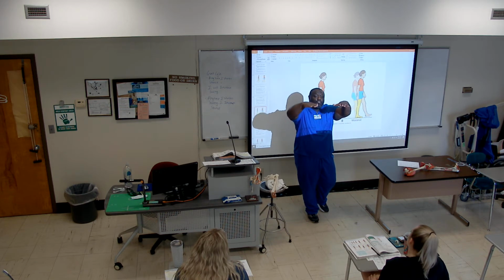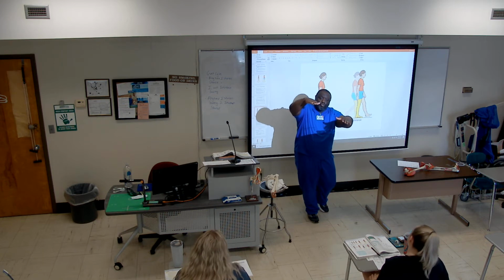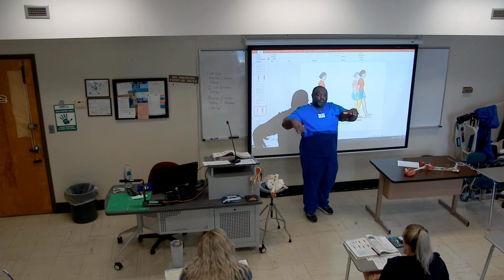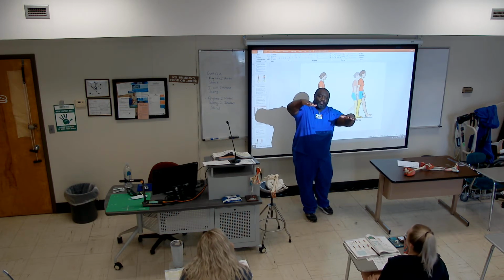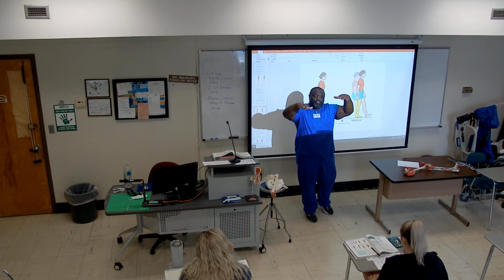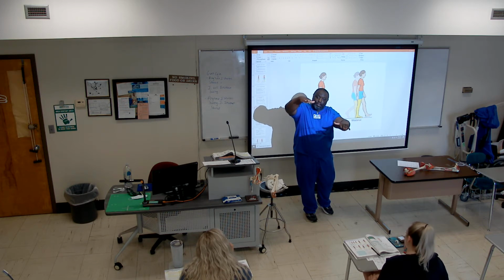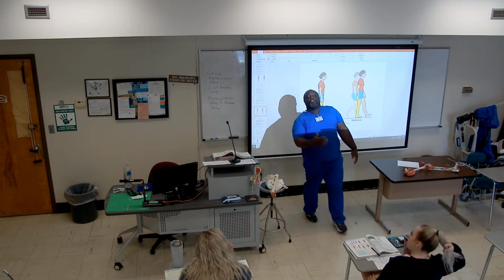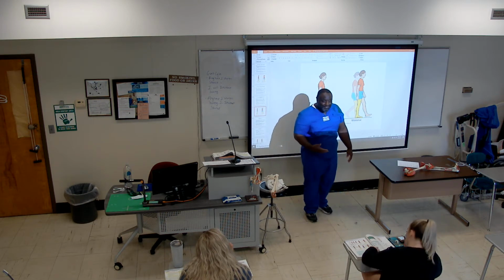But the compensatory action is my swing hip drops down. Does that make sense? So I'm in closed chain adduction. My stance leg is going to elevate slightly, but my swing leg is going to drop significantly. And that's going to prevent me from getting a full swing phase.